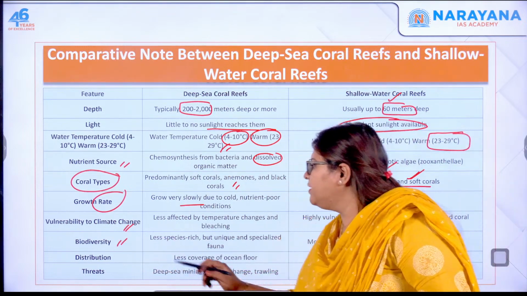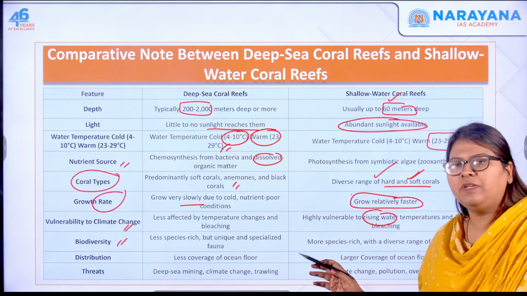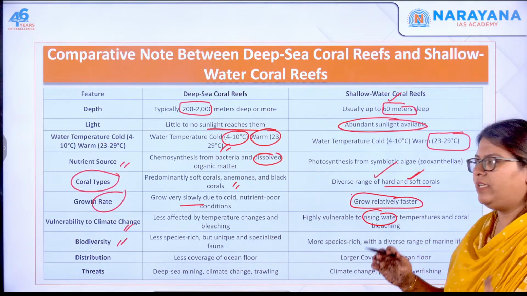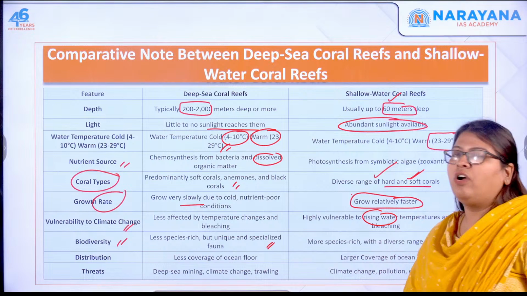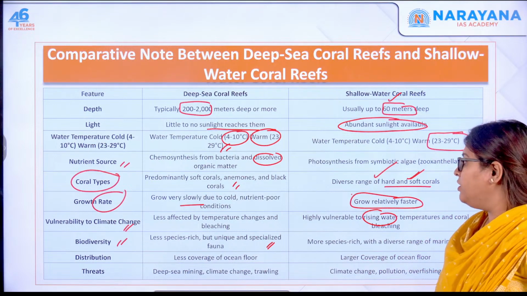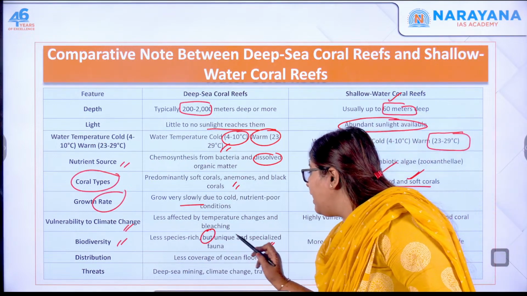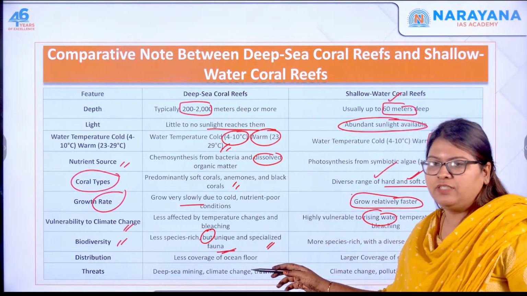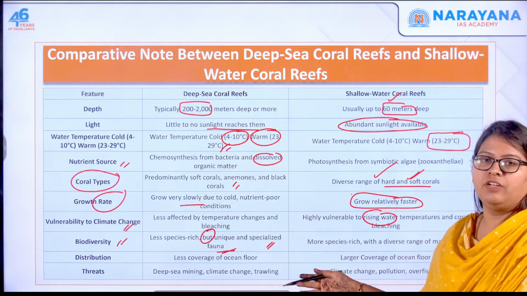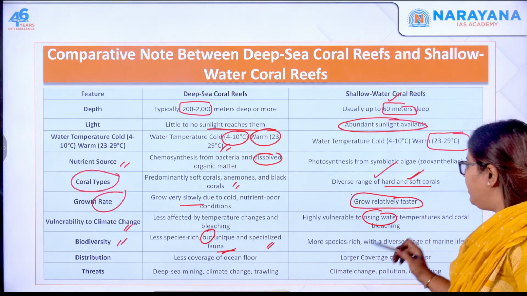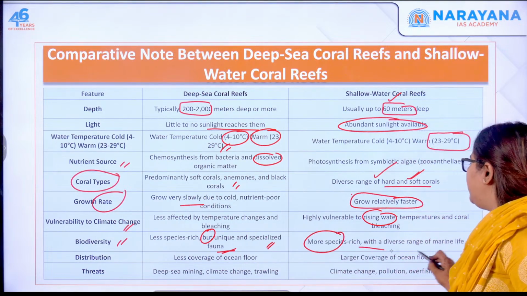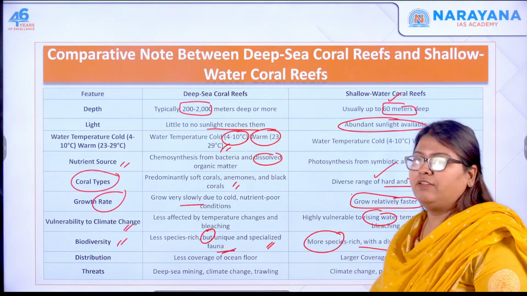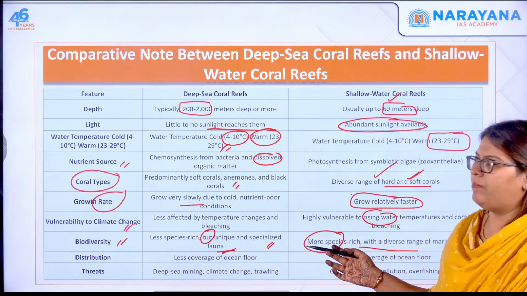Here biodiversity, if you see, these are not that species rich, very few species inhabit them, but they have unique and specialized fauna. Okay, so these are less species rich, but they are very rich and biodiverse in fauna. Here they are more species rich, okay, with a significant number of marine life inhabiting them.